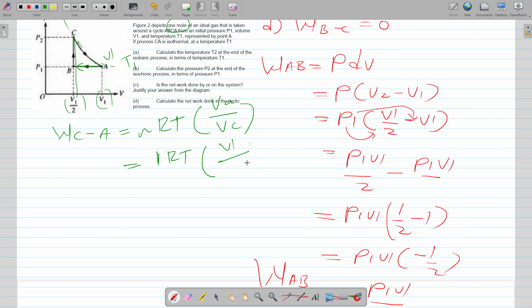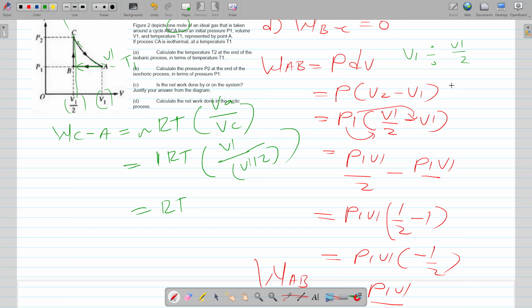We're going to have divided by V1 over 2, like that. And then let's try to recalculate this one. It's going to be RT, and then we're going to have V1 divided by V1 over 2.